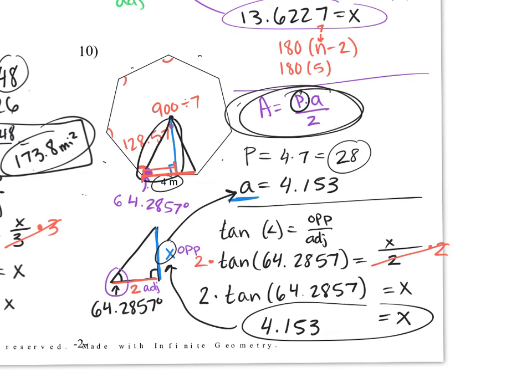Now we have all the pieces we need to solve for the area. The area is going to be the perimeter, which is 28, times the apothem, which is 4.153, and then divide that whole answer by 2. So if I times my answer by 28, divide it by 2, I get that the area of this 7-sided shape is about 58.1 meters squared.